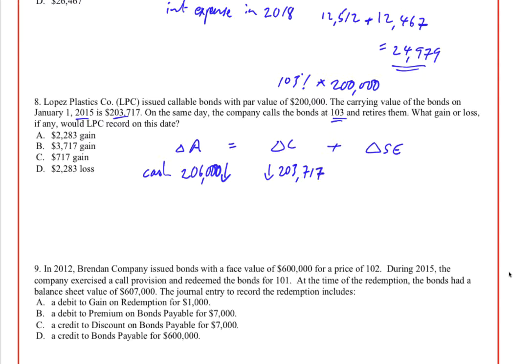And so assets has gone down by more than that, and so it must be that stockholders' equity goes down by the difference. So 206,000 less 203,717 means there's a loss on redemption of 2,283. So it's a loss of 2,283.